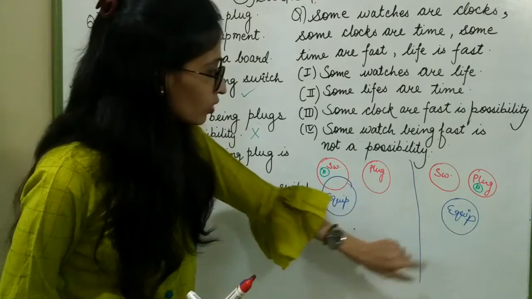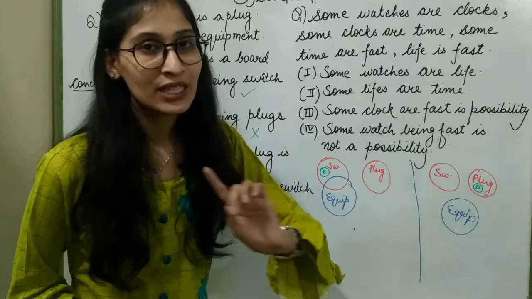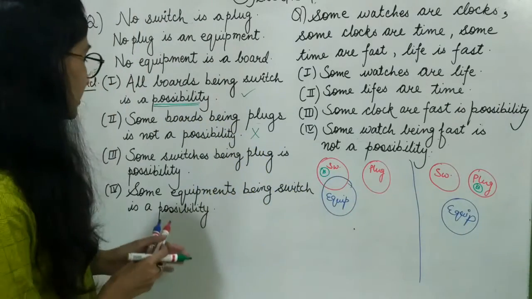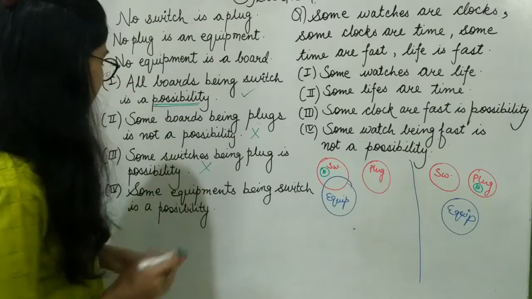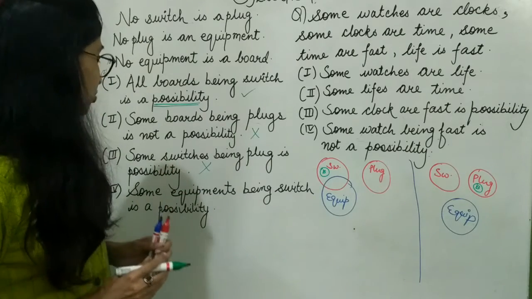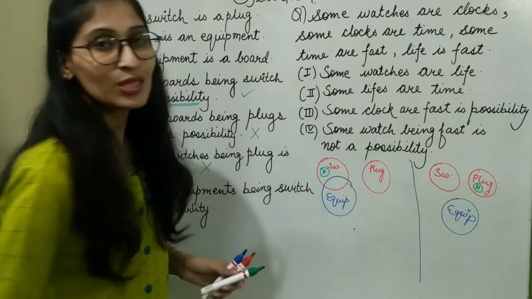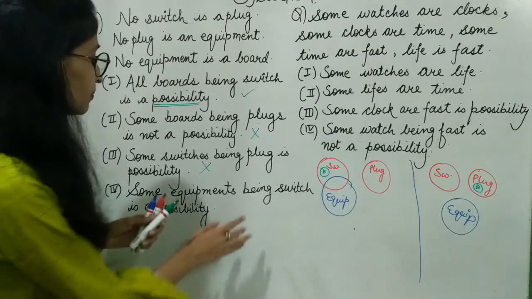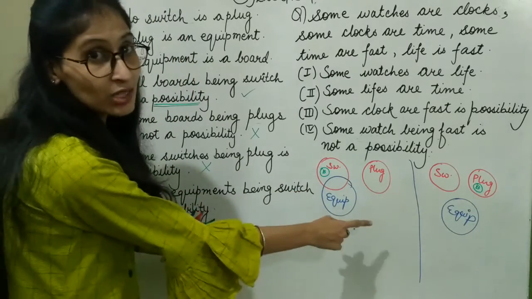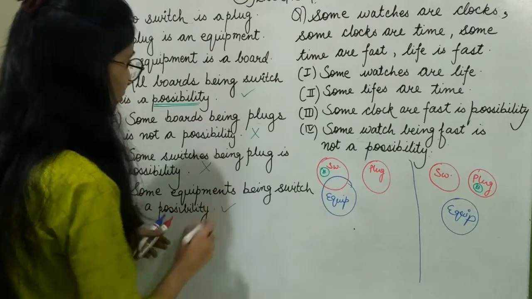In conclusion third, some switches being plugs is a possibility. But in both the diagrams, a switch can never be a plug. So this is false. Fourth conclusion, some equipments being switches is a possibility. This conclusion is satisfying my first Venn diagram, so it is also true.